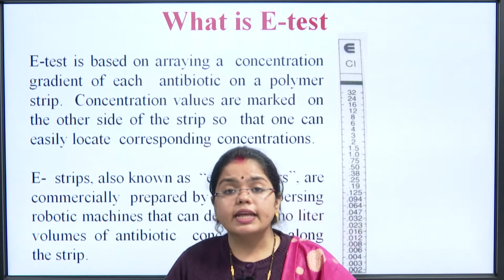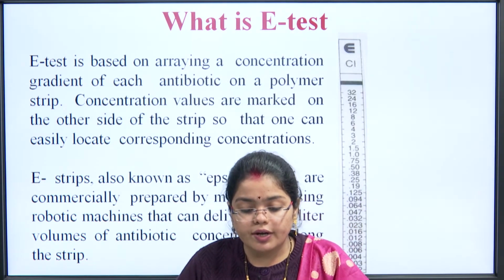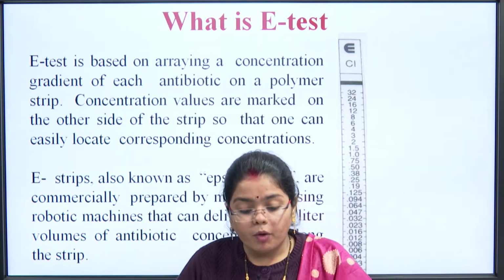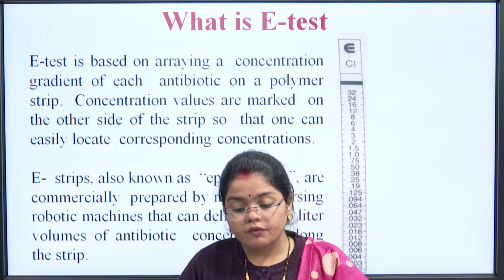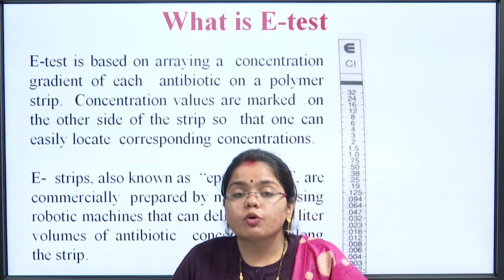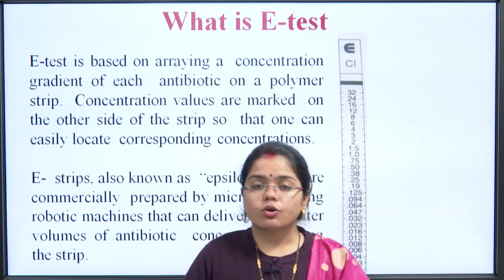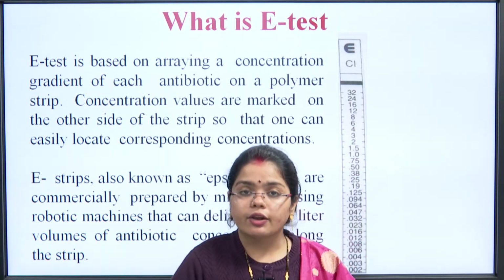So, what is the E-test? The E-test is based on arraying a concentration gradient of each antibiotic on a polymer strip. Concentration values are marked on the other side of the strip so that one can easily locate the corresponding concentrations. For the MIC, we have done different dilution tests.